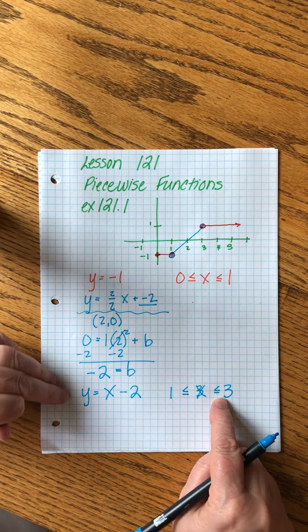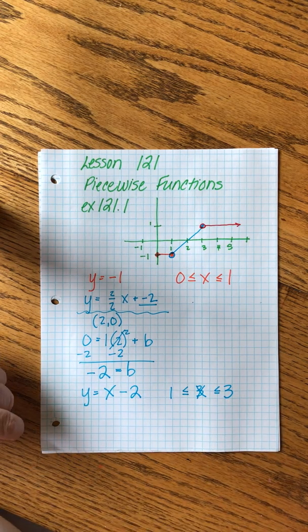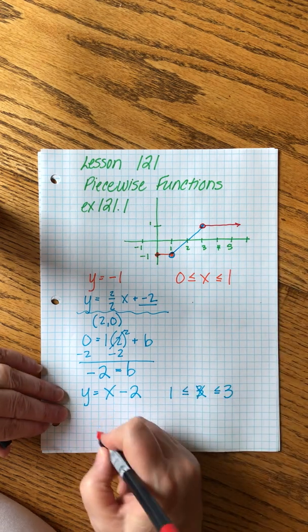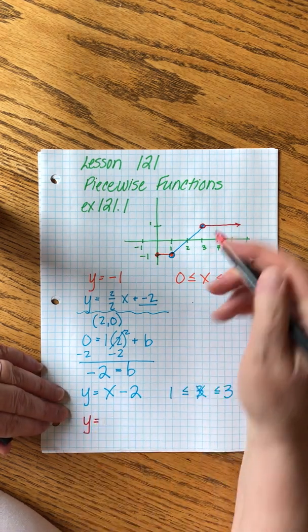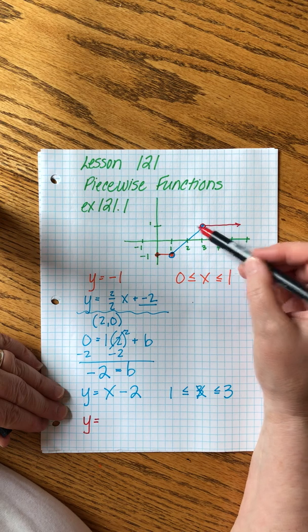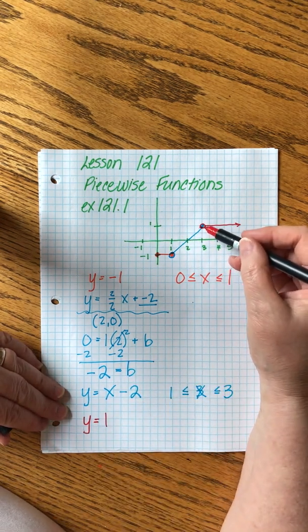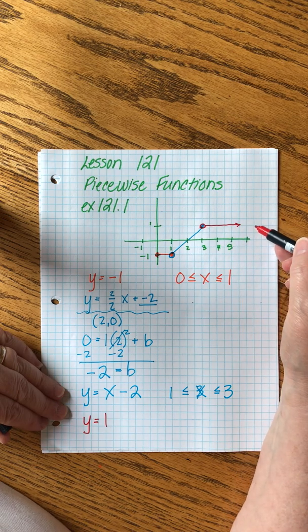All right, so we've got the second one figured out. And then the third one, which I'm using red for, that's another flat line. So that's going to be another y equals, and let's see, it's y equals positive 1 for domains. Oh, now this one's open-ended, right?